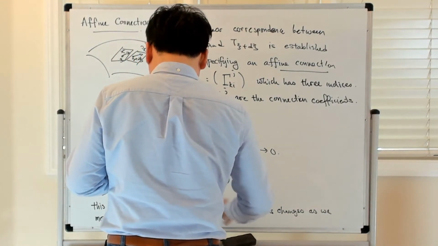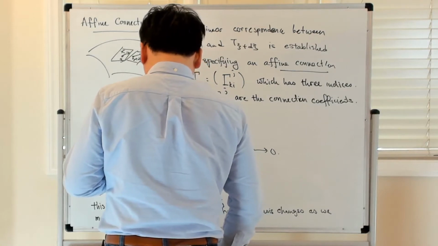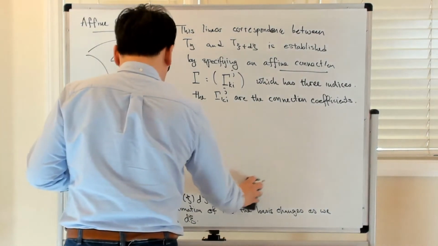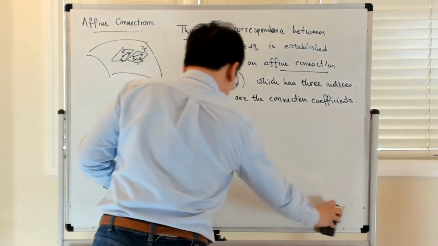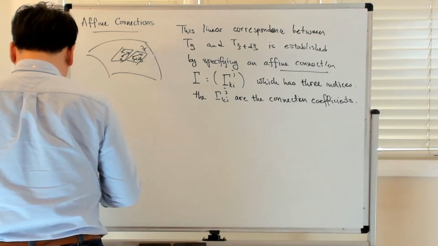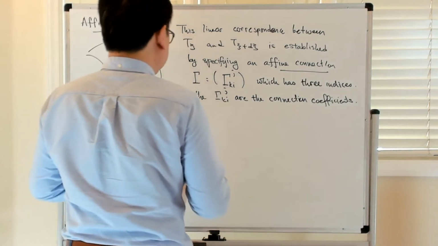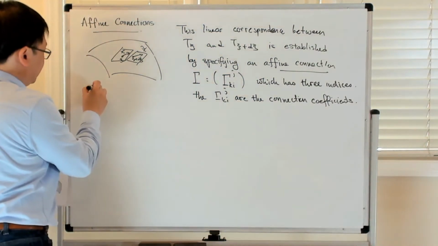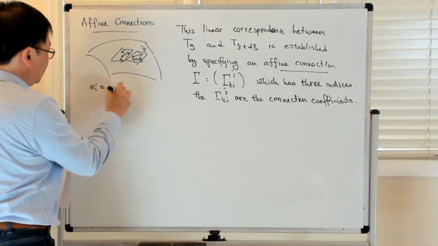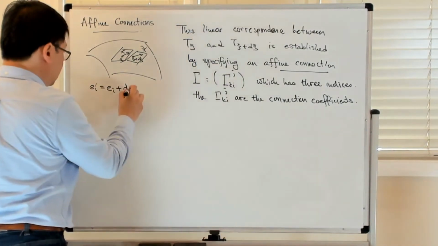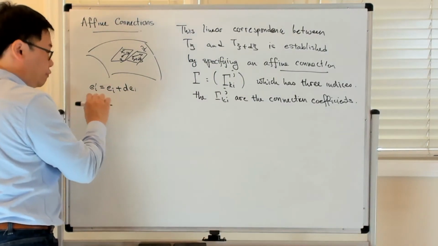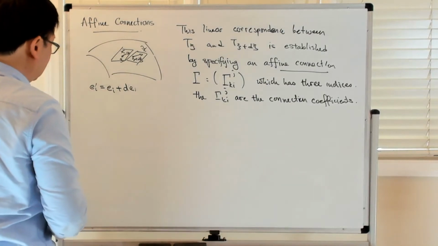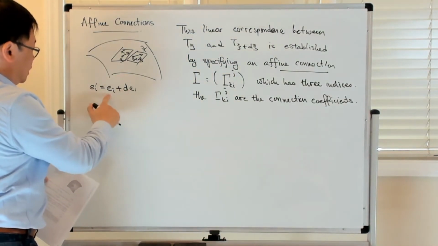And you can obtain them in the following way. Let me take a step back. If you recall, we had written down e_i prime as e_i plus d e_i. When you've moved that base point slightly, you get this shift in the basis element.